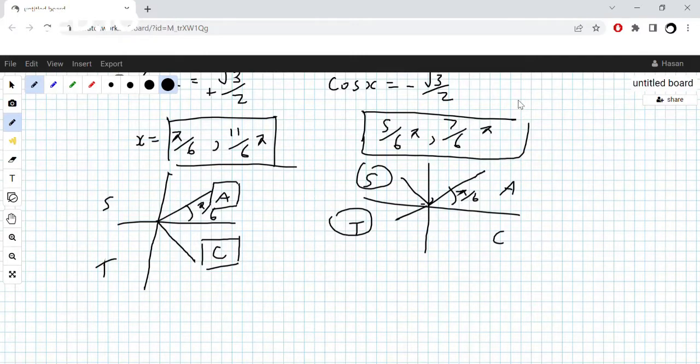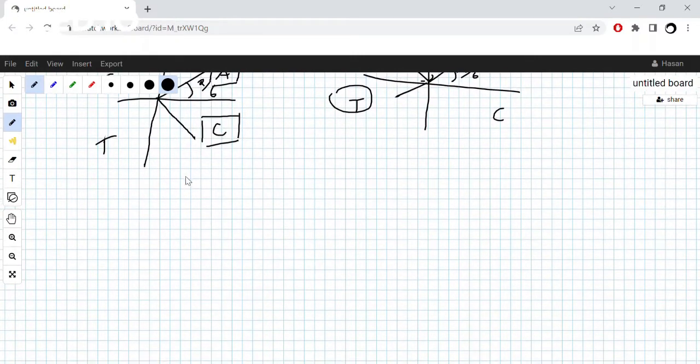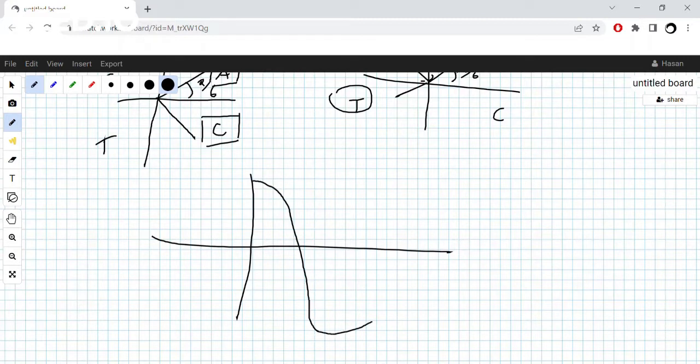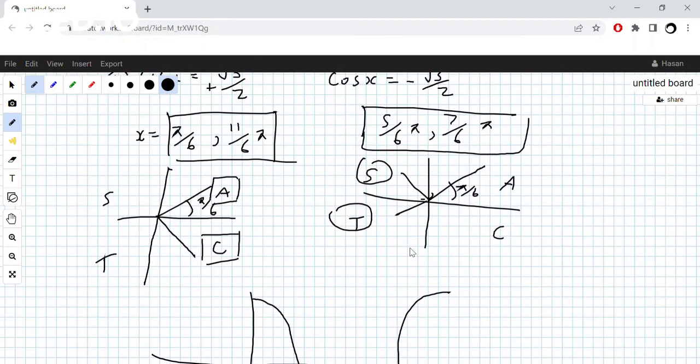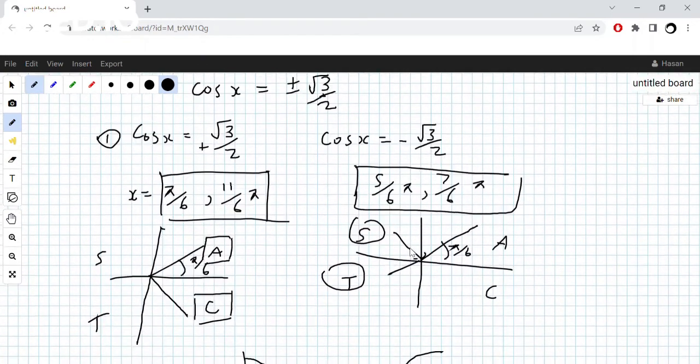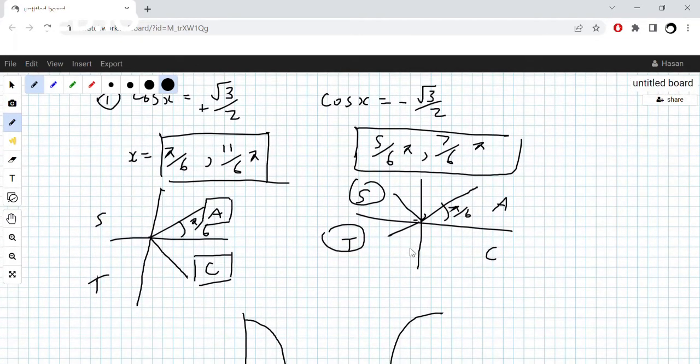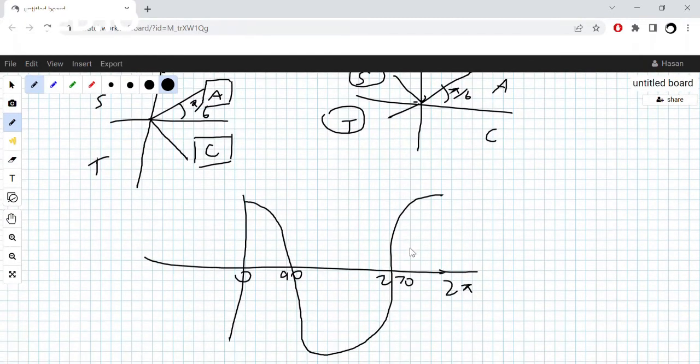Another way you could get to your answers is by drawing out a cosine graph. This is your region they want, 0 to 2 pi, so this is all we're going to use. They cross at 90 and 270. They want root 3 over 2 or minus root 3 over 2.